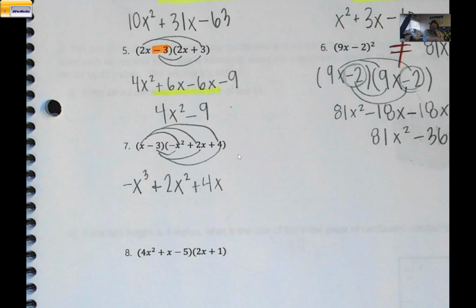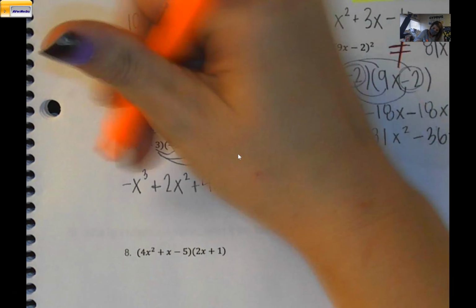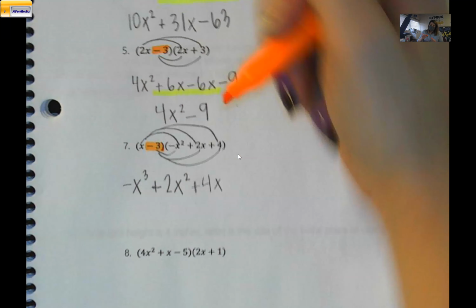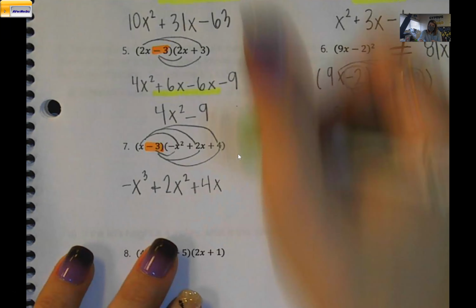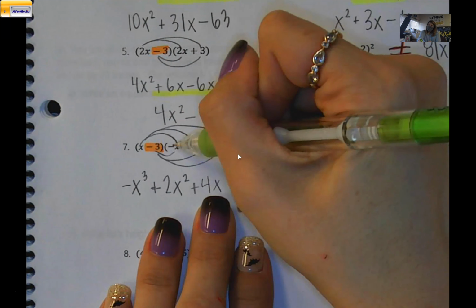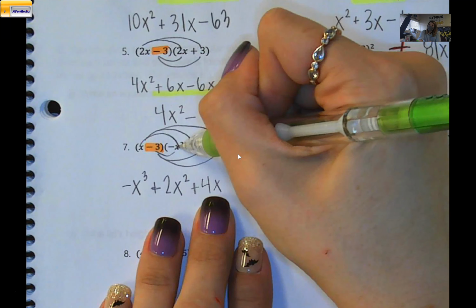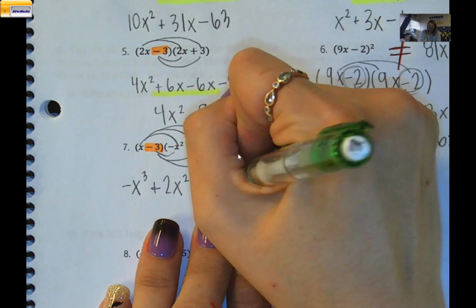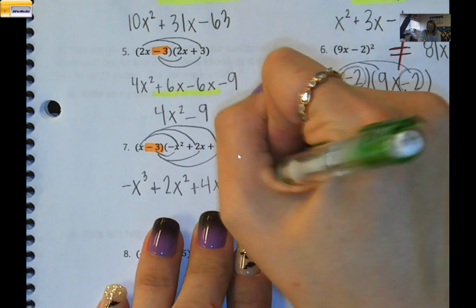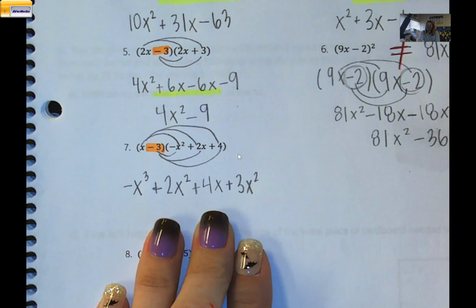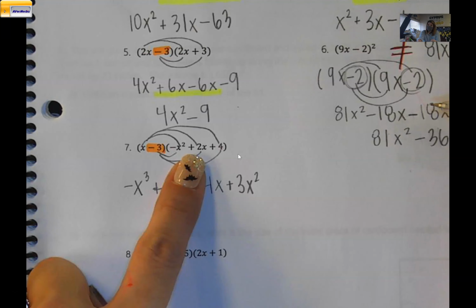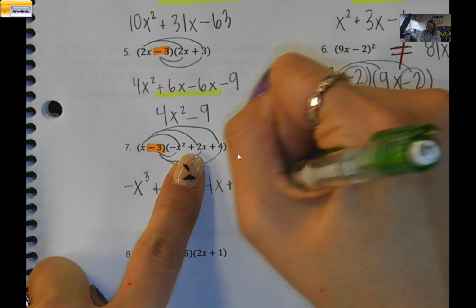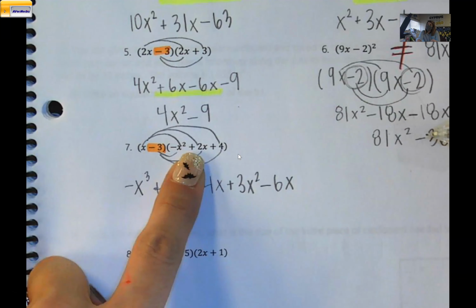Now underneath, remember, we have to be careful that we know what we're multiplying in, and this time it's a negative 3. So negative 3 times a negative x squared is going to go to plus 3x squared. Then negative 3 times positive 2x is going to give us negative 6x.